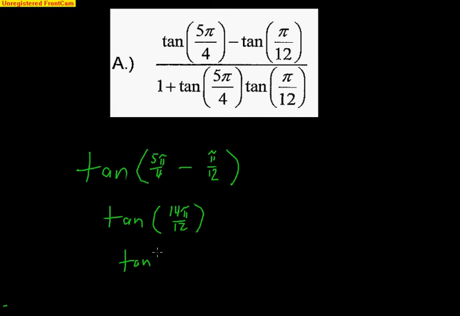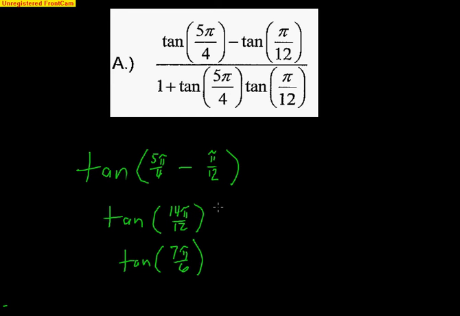I feel like I made a mistake there. 5 fourths minus 1 twelfth is, or should be, 7 pi over 6. Yes, so that would be 7. I'm sorry, you're right. That does reduce to 7 pi over 6. Once again, 5 fourths minus pi over 12 does work out to 14 twelfths, 7 pi over 6.